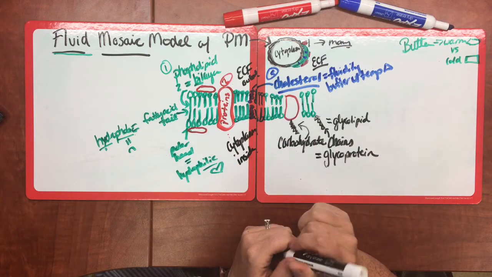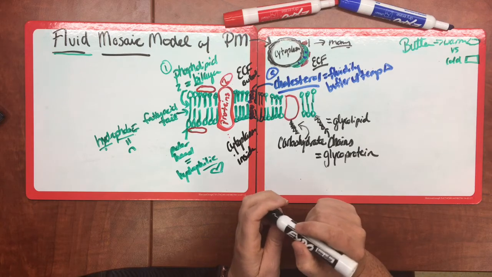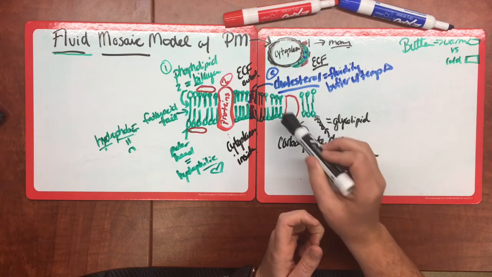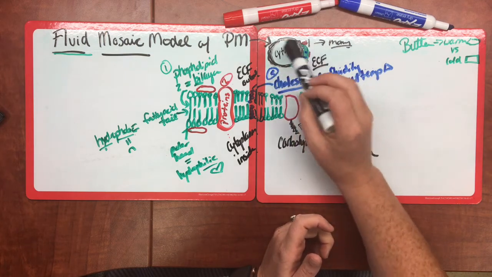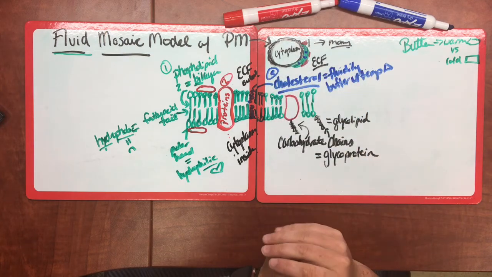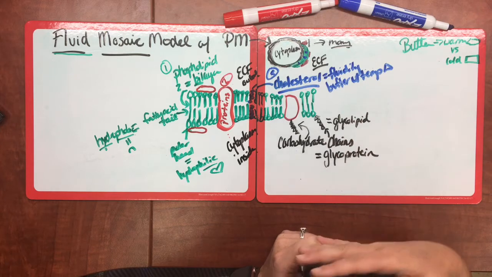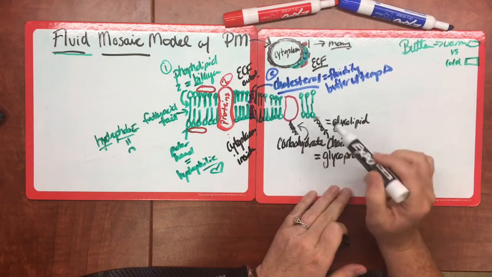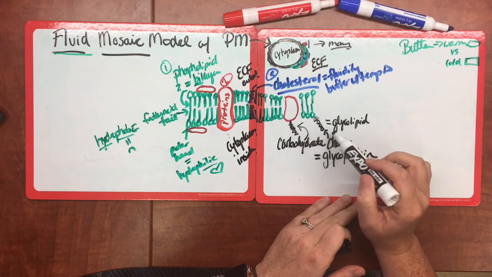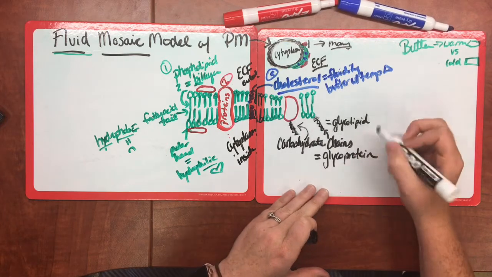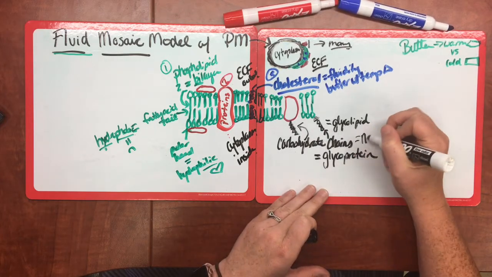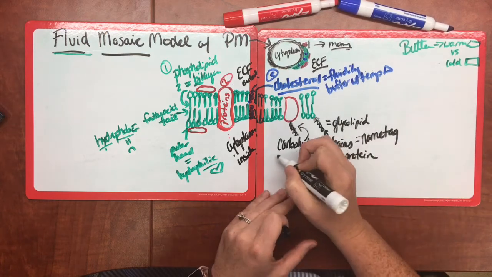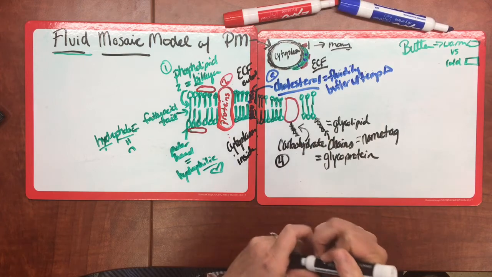What are they for? They're really good at serving as name tags. Do you see how they stick off the end? We need to be able to identify what type of cell we are or what type of receptor we have. So we can attach little name tags that stick out, carbohydrate chains on lipids or glycoproteins. This is like the name tag that we're wearing, and this would be component 4.